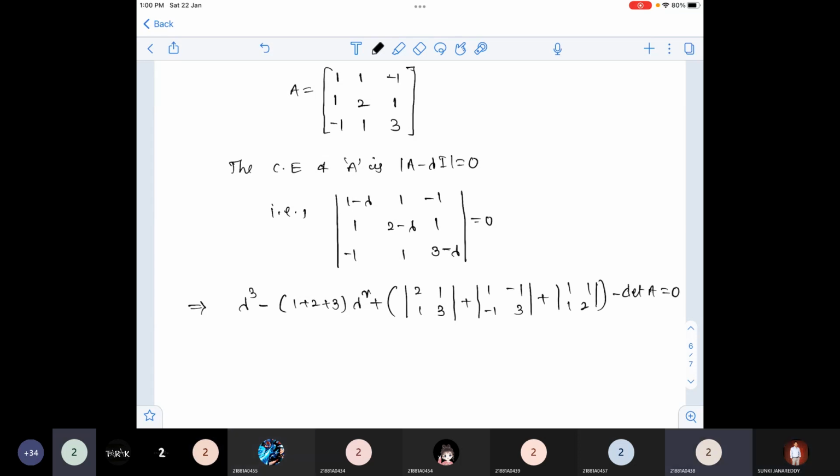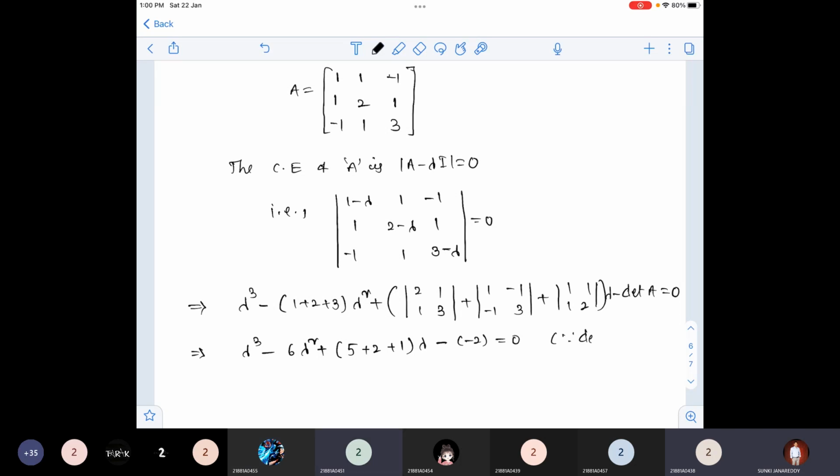So minus lambda cube, next 6 lambda square, next the determinants: 5, 3, and 1 minus 1, so 7 into lambda, and plus 2, that is minus of determinant of A, which is minus 2, equal to 0.